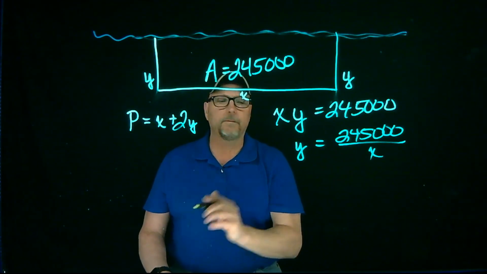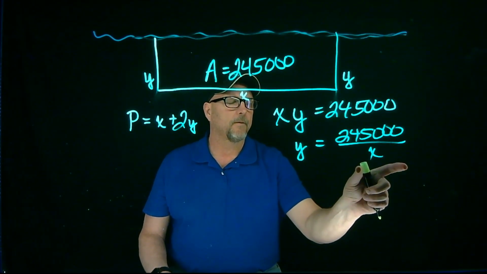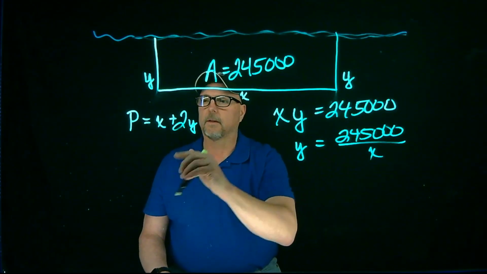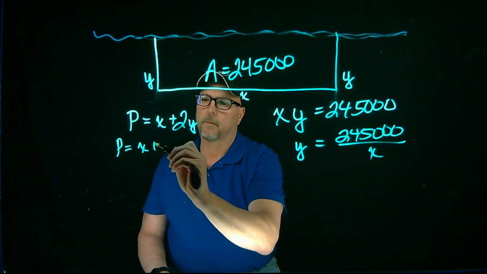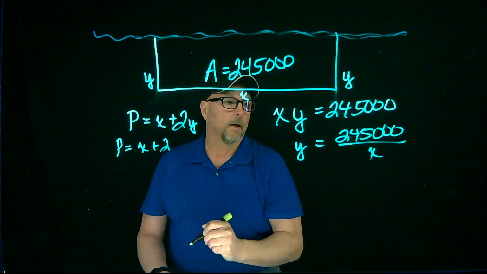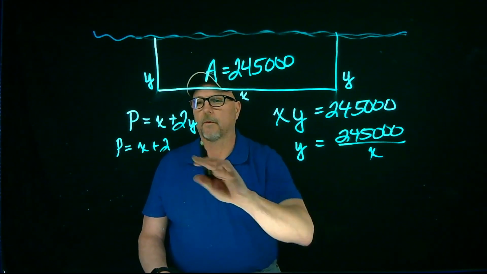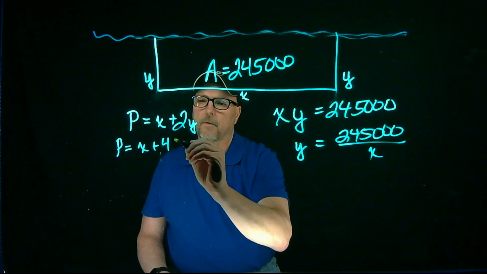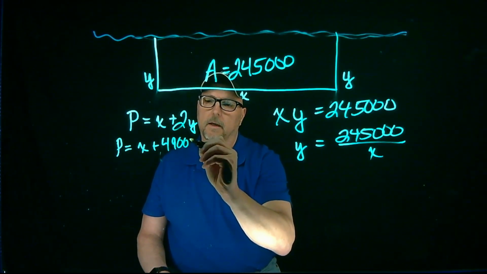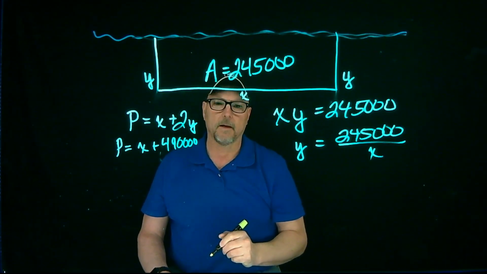So over here, we're going to substitute 245,000 divided by x in place of y. So let's continue with that. So x plus 2, well, what is 2 times 245? I might as well go straight to that. I think that's 490,000. Check me on your calculator if you don't mind.